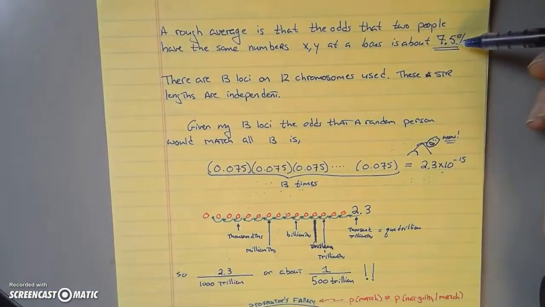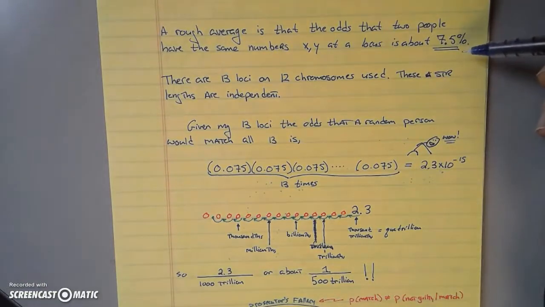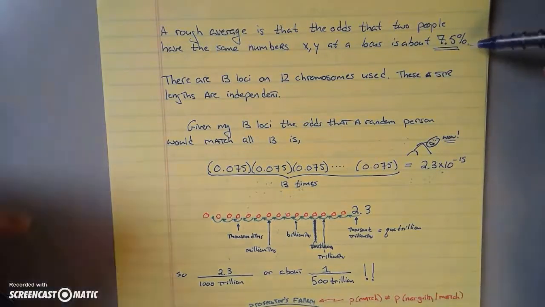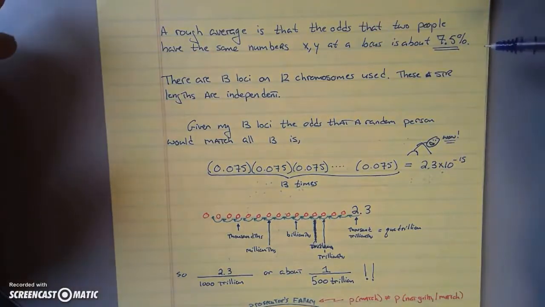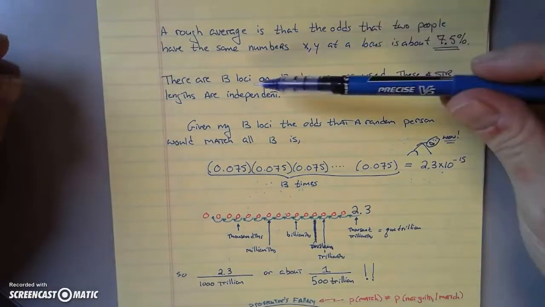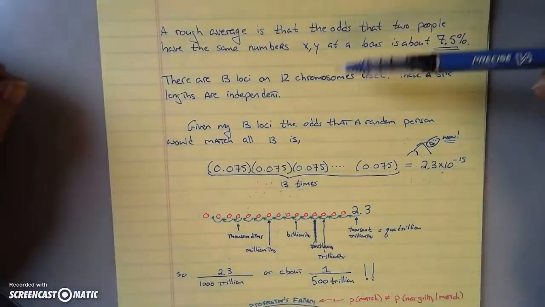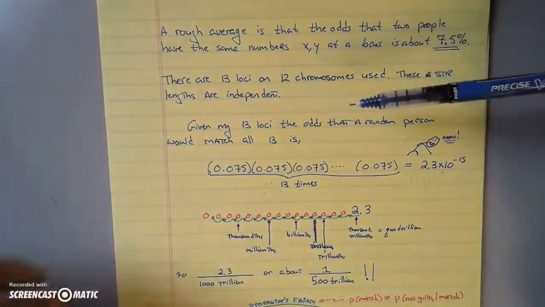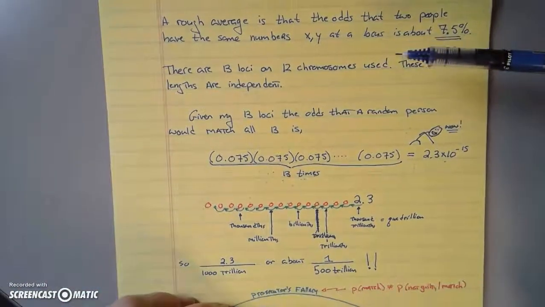We're going to say that the odds that two people have the same allele at the same locus is 7.5%. It's an average. Sometimes it's more, sometimes it's less. So this allows us to do some rough calculations. There are 13 loci that are used, technically 20 now, but we'll go with 13, on 12 chromosomes.